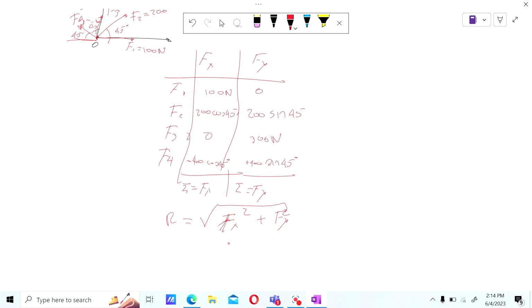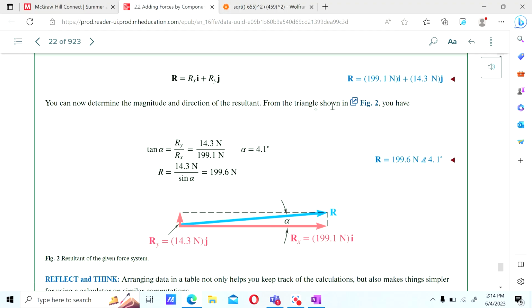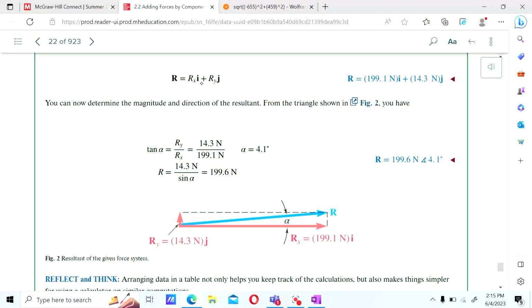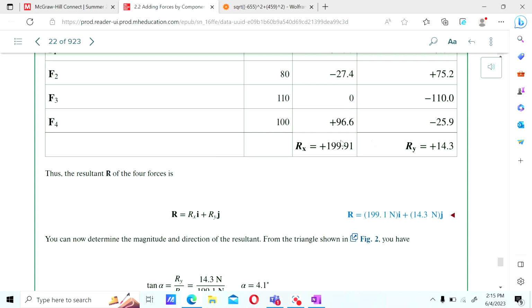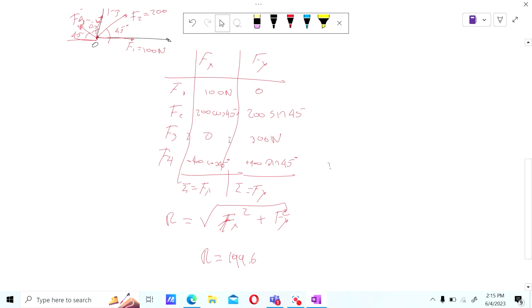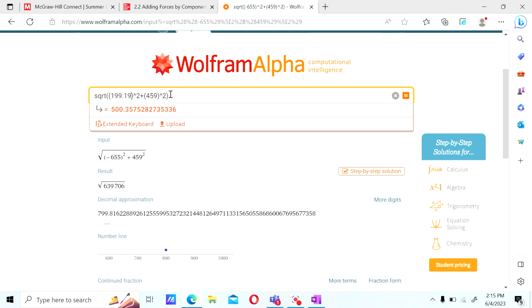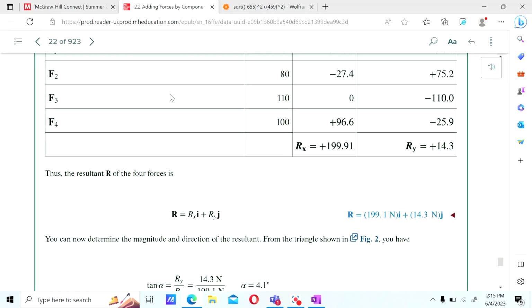So if you find the total force and they say the resultant is, what is it? 199.6. Which they could have done here with x and y total. Okay, they could have done these components here squared, 199.91, like so. Is it 19 or 91?